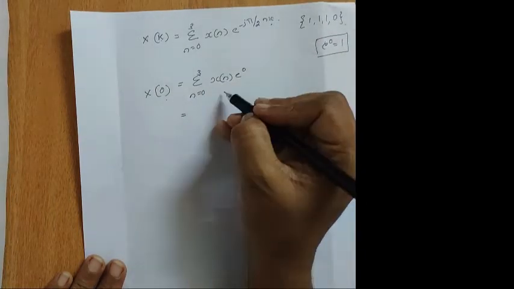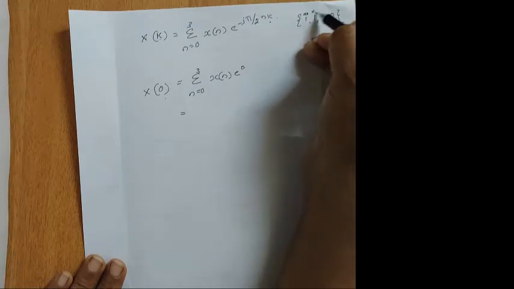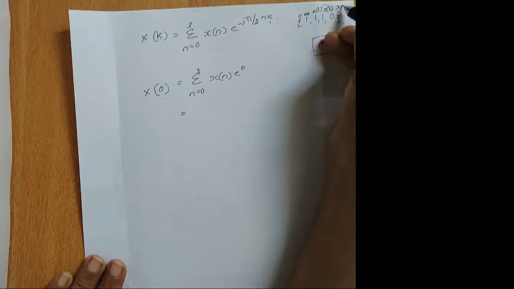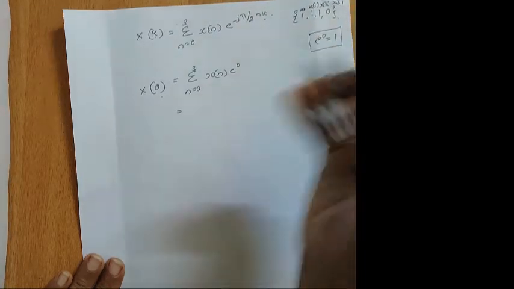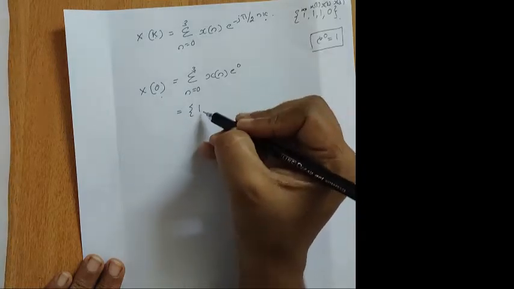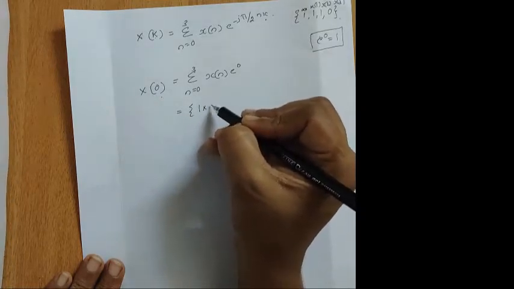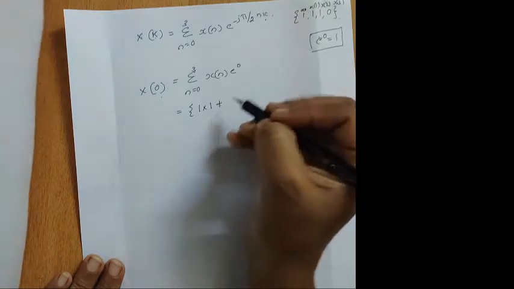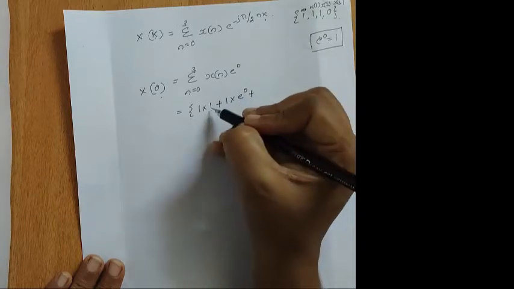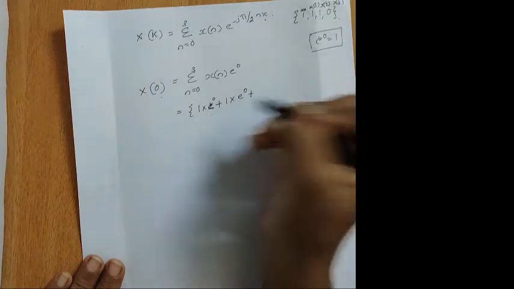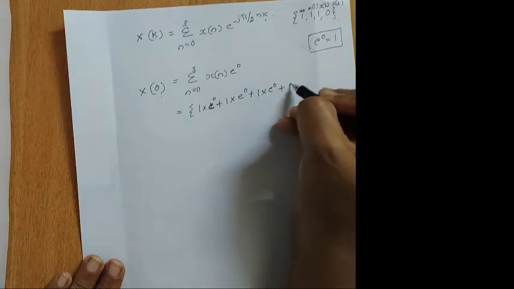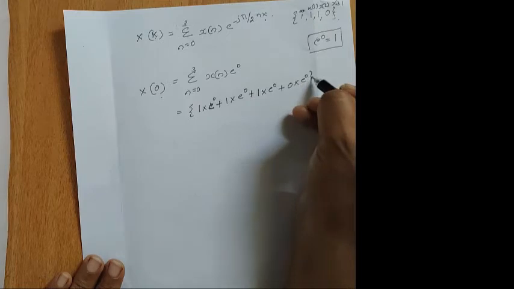Now you know the value of x of n. This is x of 0, x of 1, x of 2, x of 3, because it is a summation. So the x of 0 value is 1 into e power 0, that will be 1 into 1, plus 1 into e power 0, plus 1 into e power 0, plus 0 into e power 0.